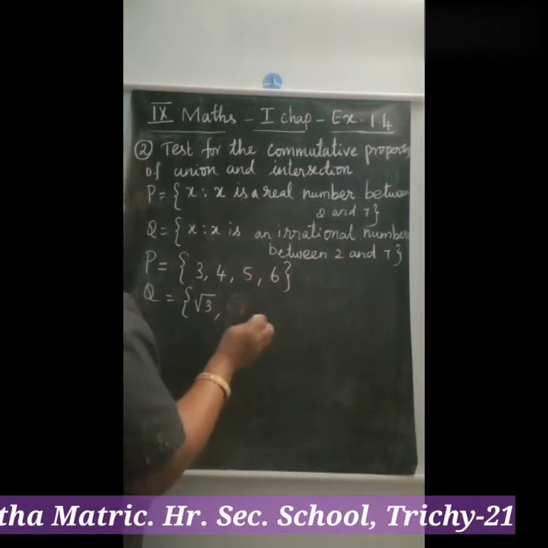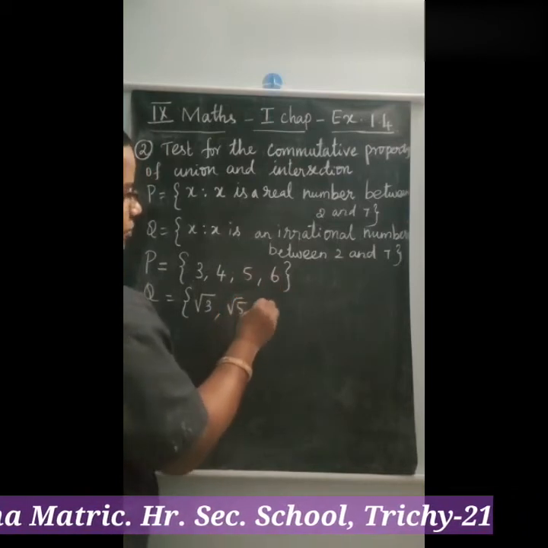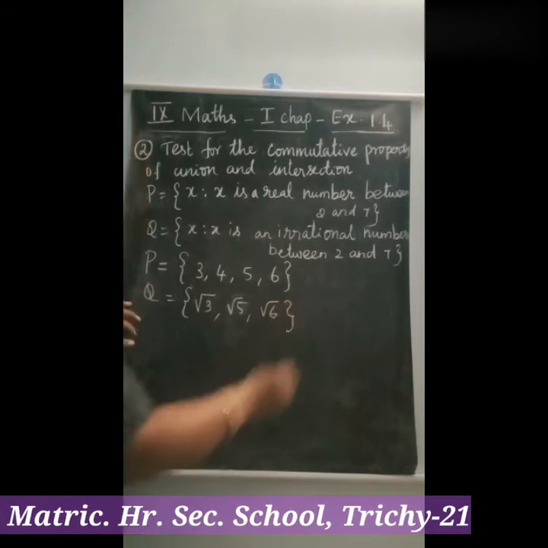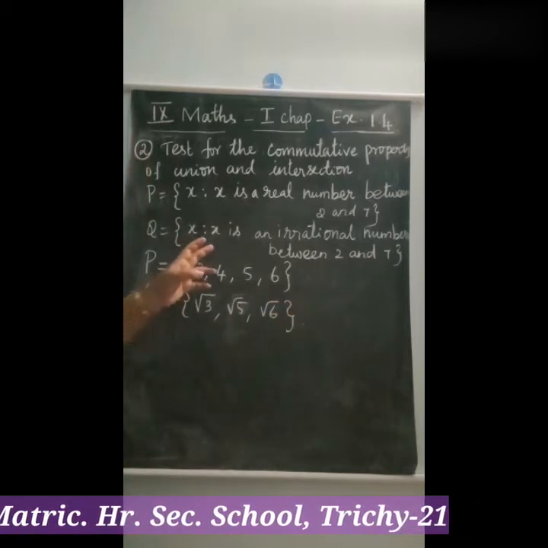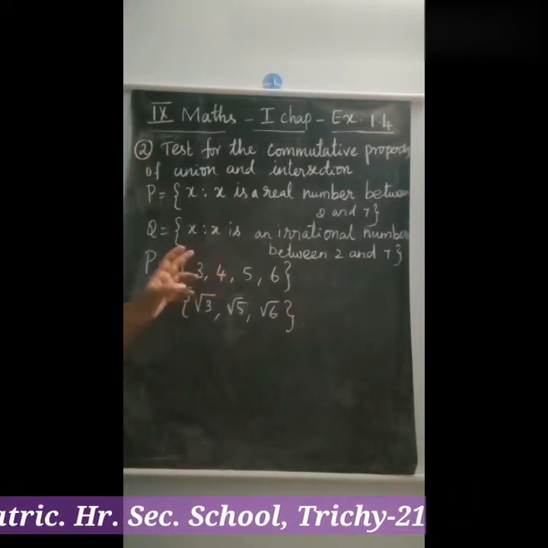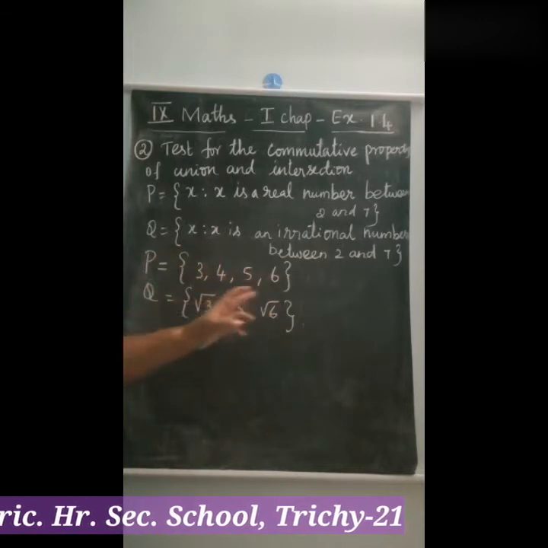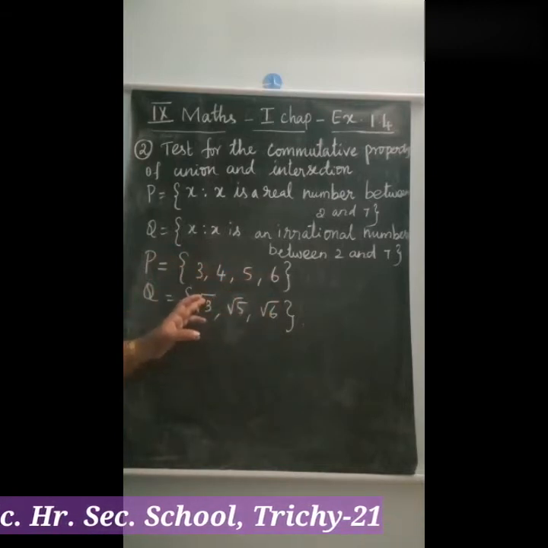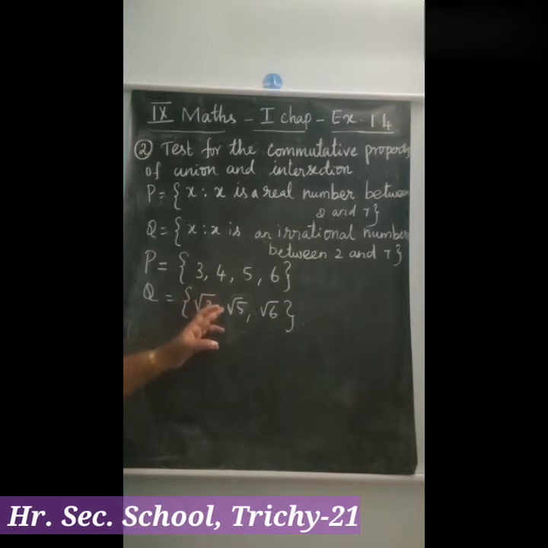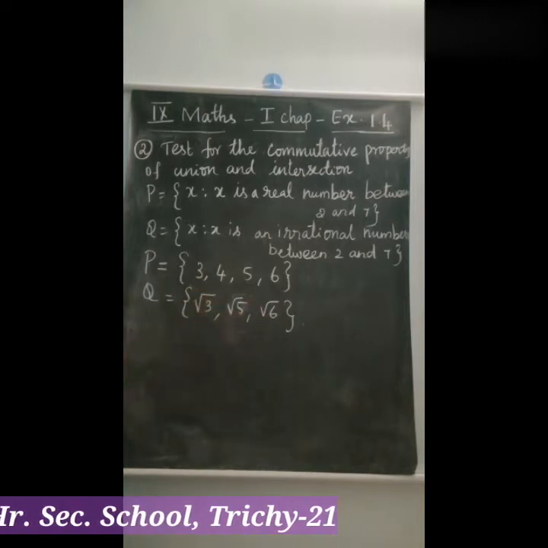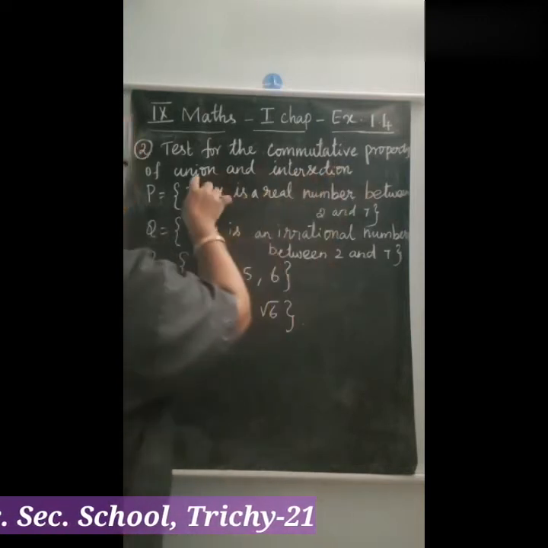So, don't take root 4. So, P is equal to {3, 4, 5, 6} and Q is equal to {root 3, root 5, root 6}.